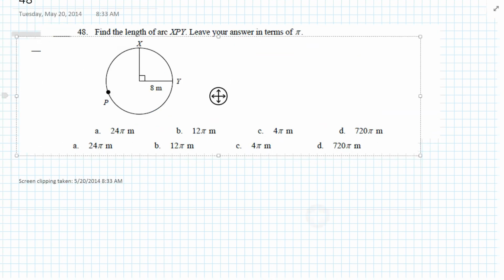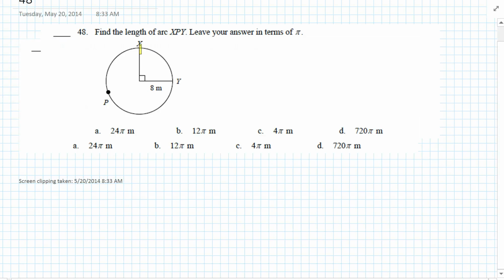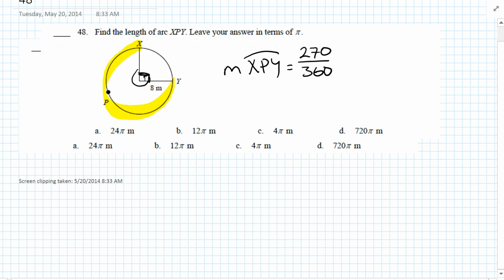48. Find the length of arc XPY. Is going to be equal to, well, if we know this is 90 degrees, this has got to be 360 minus 90, so 270 over 360. That's the fraction or the percent of the circle it is.